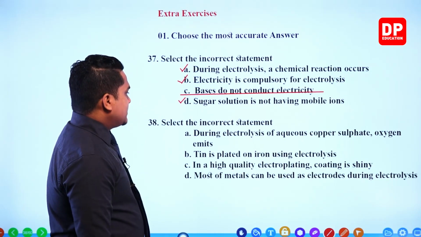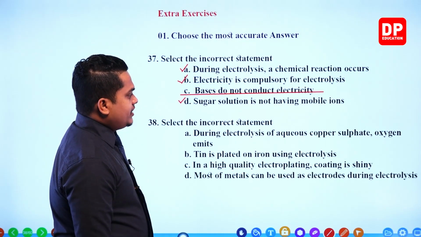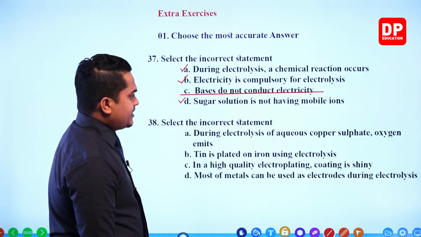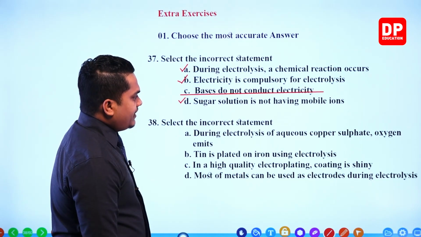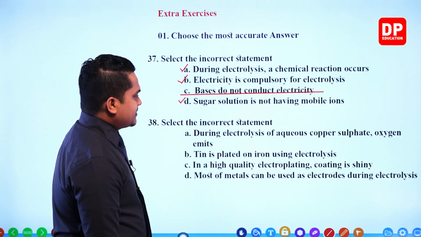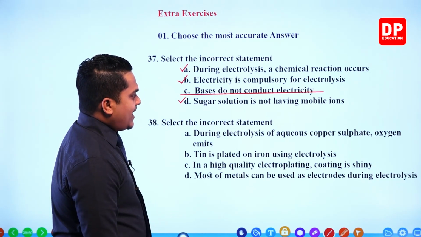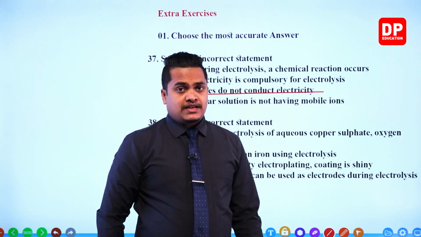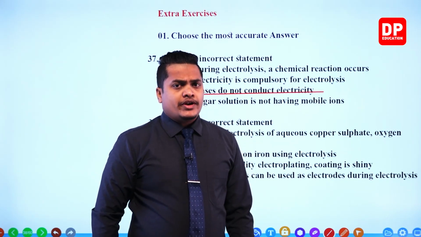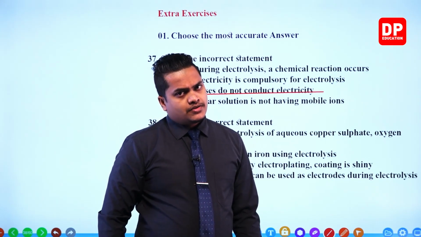Next one, select the incorrect statement. During electrolysis of aqueous copper sulfate, oxygen is emitted from the positive terminal. So it is correct.